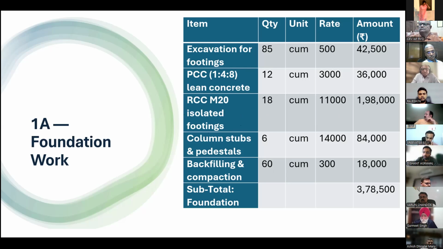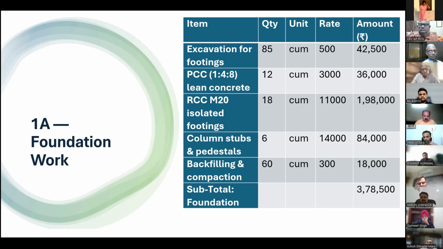Then column stubs and pedestals, 6 cubic meter, rate 14,000, amount is 84,000. Then backfilling and compaction, 60 cubic meter, rate is 300 per cubic meter, 18,000. So total foundation work cost comes out to be 3,78,500.